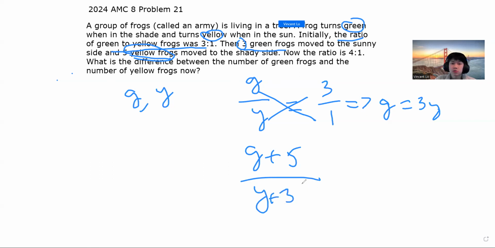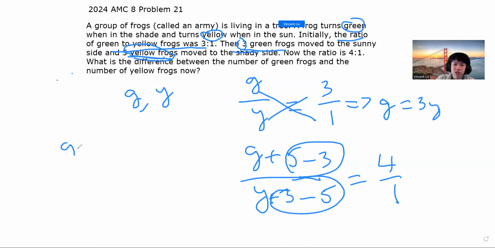But we also need to subtract the frogs that just left: minus 5 for the yellow frogs that are gone, and minus 3 for the green frogs that are gone. This equals 4 over 1. So this becomes G plus 2 over Y minus 2 equals 4 over 1.